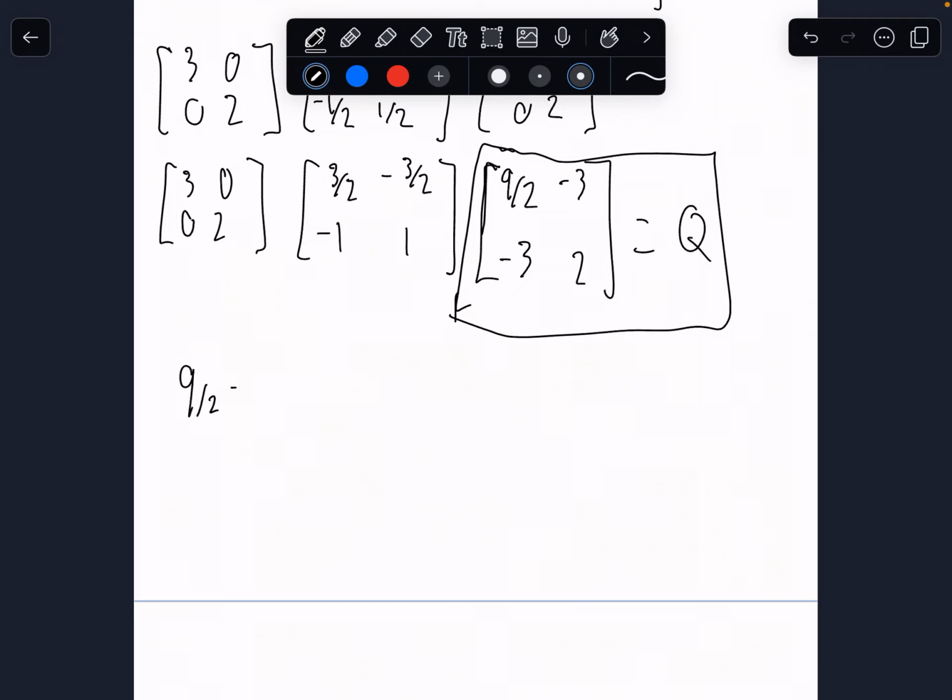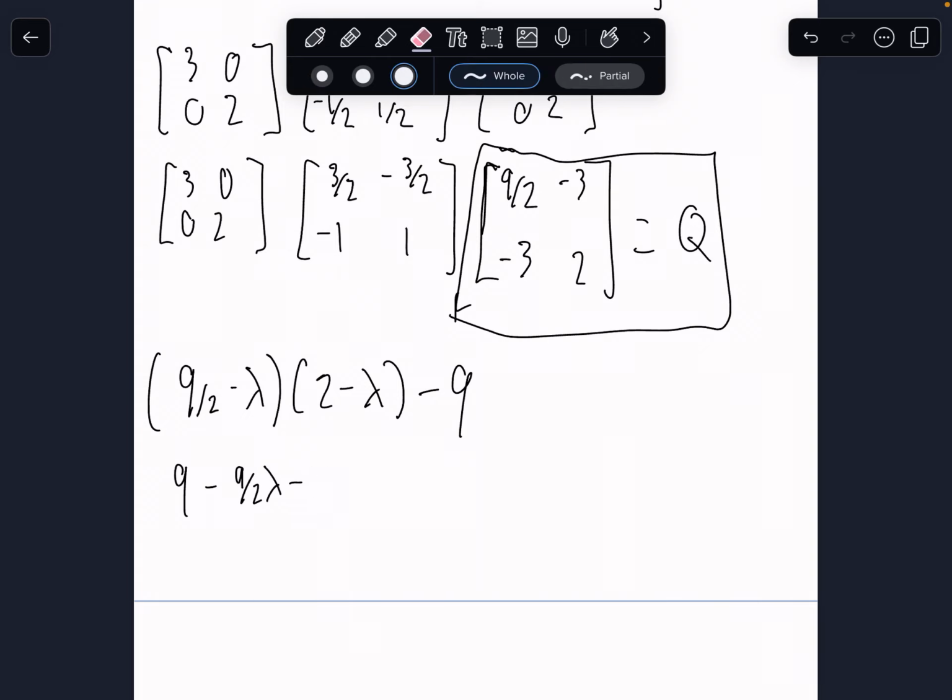Okay, 9/2 minus lambda, 2 minus lambda, minus 9.